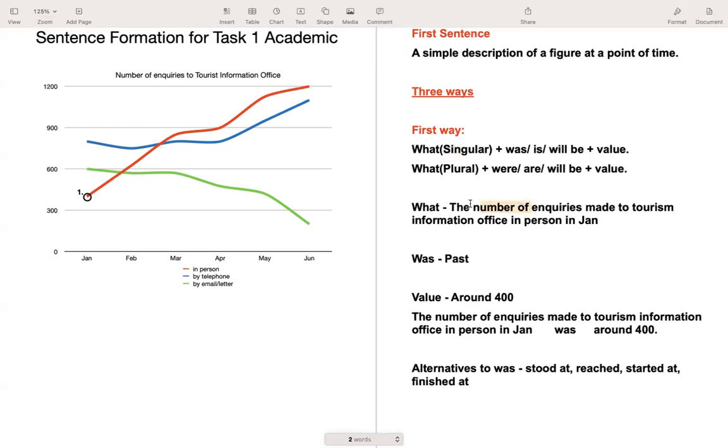For example, if I wrote it as the inquiries made to tourist information office in person in January, it would be were, because it is inquiries. If the word number is there, then the verb is was. Subject verb agreement is also very important to learn. So that's one thing that you need to be careful about.